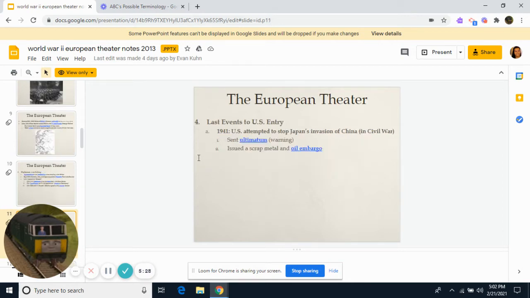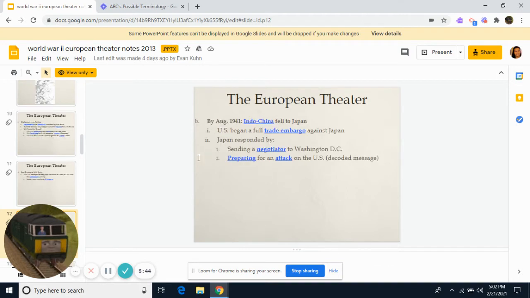Last events leading to U.S. entry. 1941, the U.S. attempted to stop Japan's invasion of China, sent an ultimatum warning, and issued a scrap metal and oil embargo. By August 1941, Indochina fell to Japan. The U.S. began a full trade embargo against Japan. Japan responded by sending a negotiator to Washington, D.C., while preparing for an attack on the U.S.